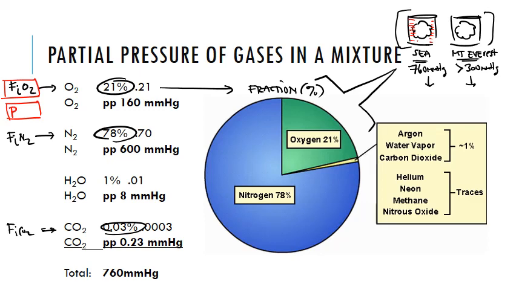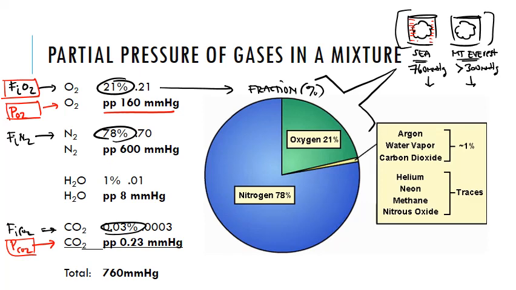So the partial pressure of oxygen is going to be 160 millimeters of mercury, and the partial pressure of CO2 is going to be 0.23 millimeters of mercury. These partial pressures are measured in pulmonary medicine because they allow us to diagnose gas exchange issues and, more importantly, acid-base disturbances.